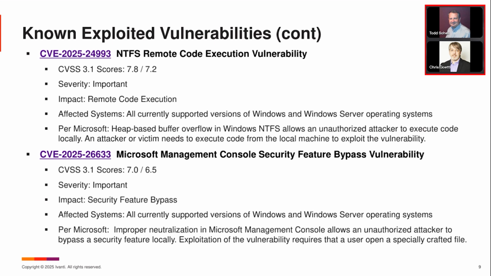The last one is a security feature bypass in Microsoft Management Console. This one is rated important, 7.0 CVSS score, but all 6 of those in this case are actively being exploited.